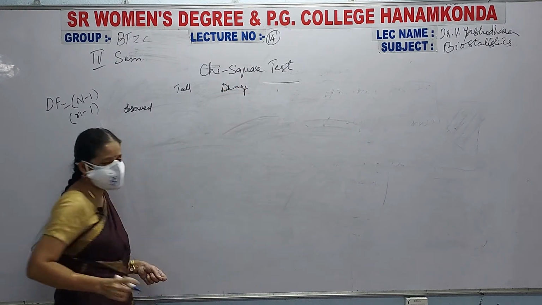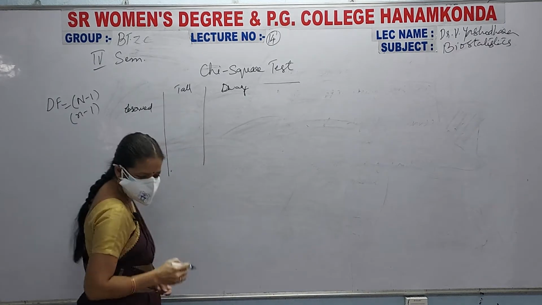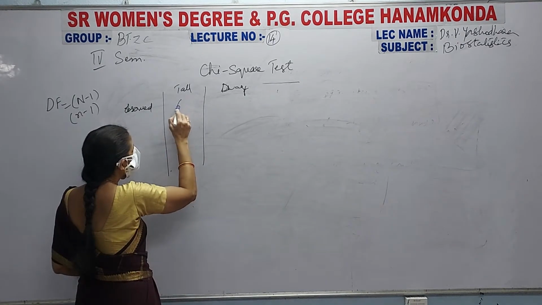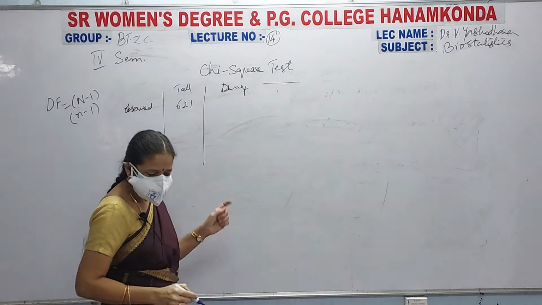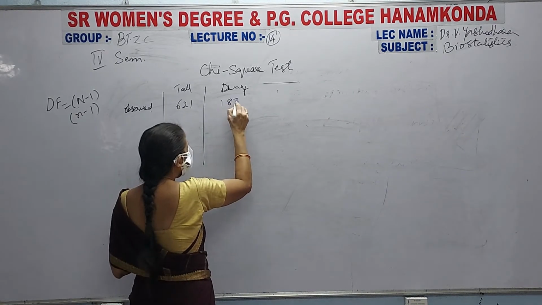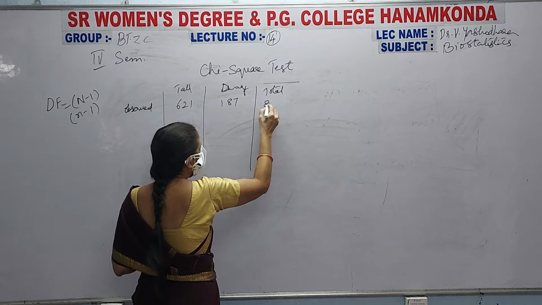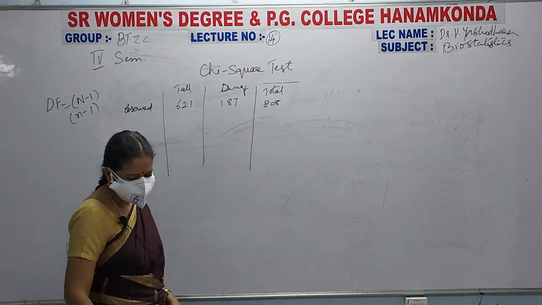Now the observed ratio is 621 tall plants and next the dwarf plants is 187. Total put together, total is 808. Is it okay? This is your total.